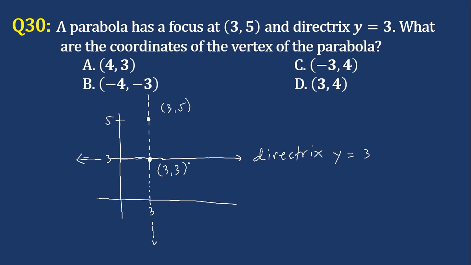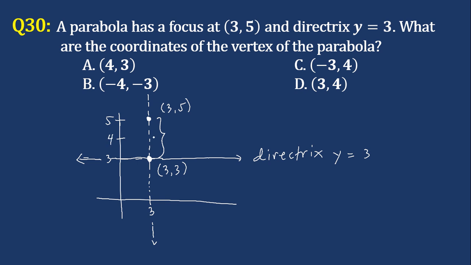Now, take note of this. The vertex of such a parabola is always between this point and the focus. In fact, it is exactly the midpoint of the segment connecting this point and the focus. Now, what's the midpoint of this segment?